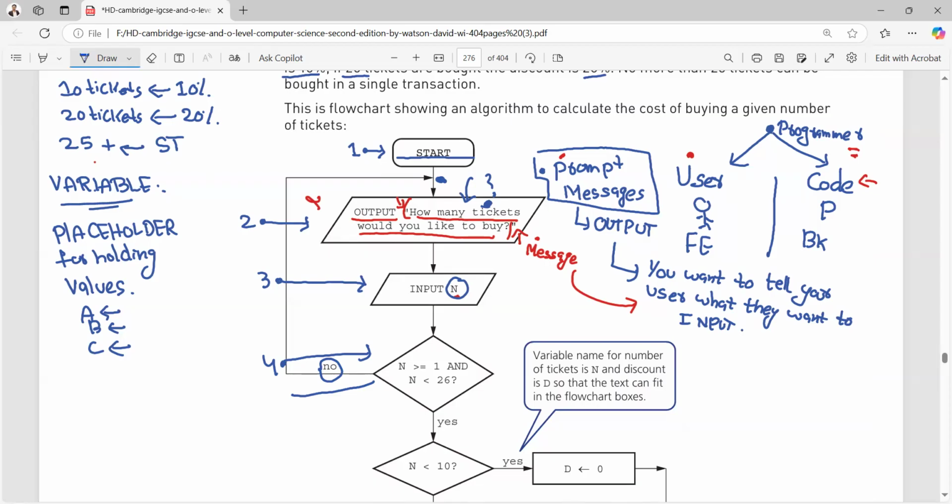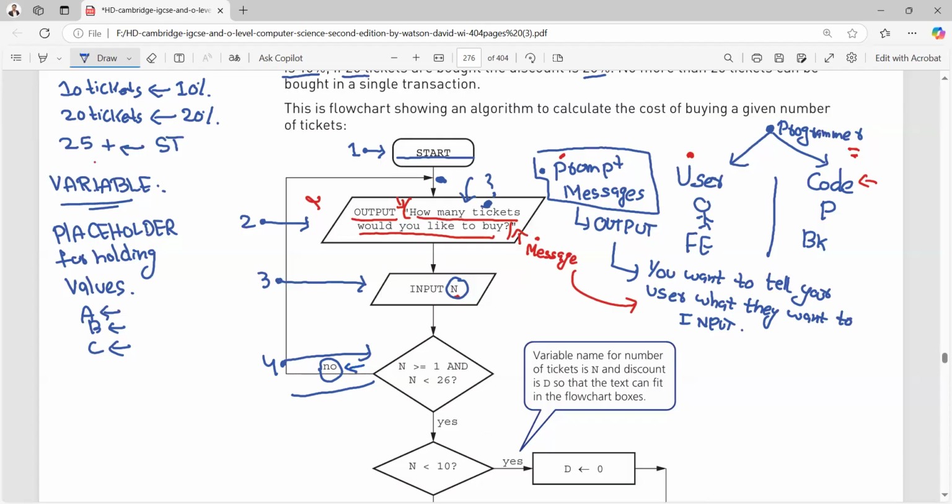Sir, can you explain why it says yes over here and no over here? If it does not accept your value, then it will go this way. For example, if you entered 0, or maybe 26, this value is not acceptable, so it will take you to the no part.